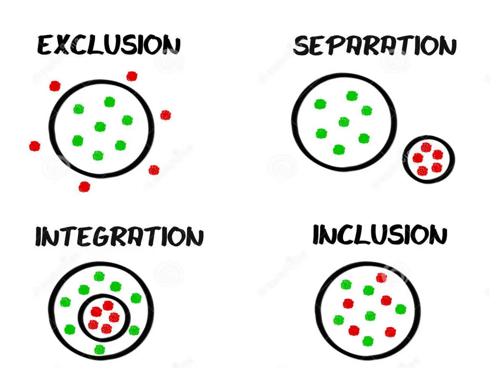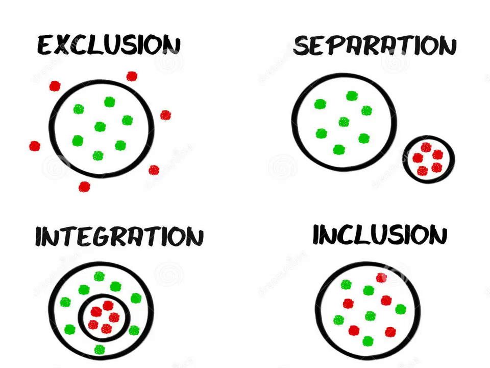Another option, very common in some schools as well, is the separation model, where students with disabilities are separated from the mainstream classroom and are given diverse material and diverse content.